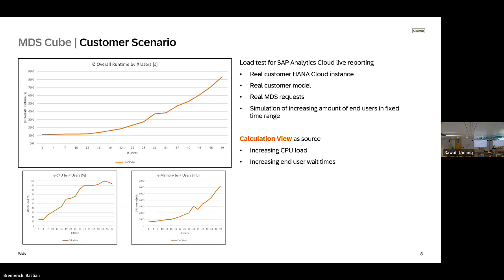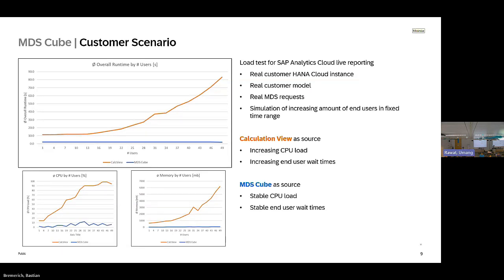So we repeated the load test. We executed the MDS requests not on calculation views, but on MDS cubes. On the blue line, you can see that the runtimes were already better to start with. But more importantly, they remained stable.